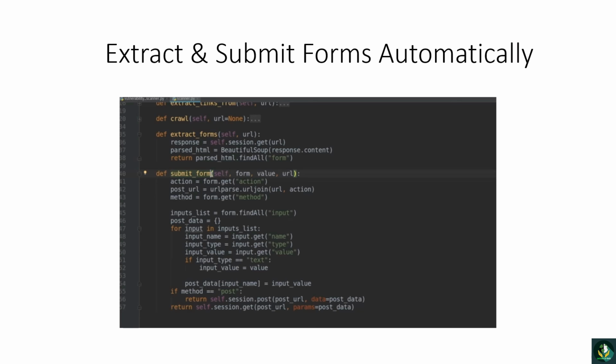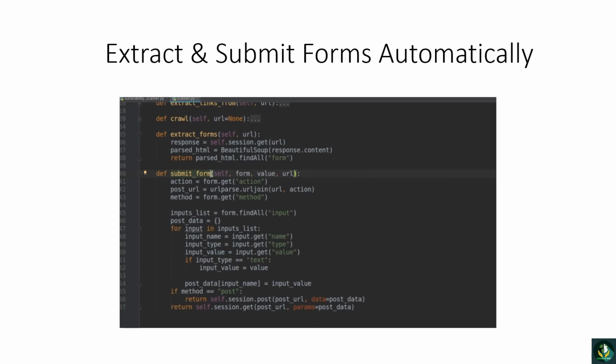Then we use the find_all method to find all the elements from a form tag. Instead of saving this as a variable, I am going to return the forms that we discovered in this method.